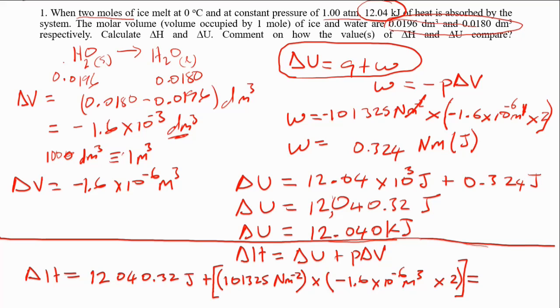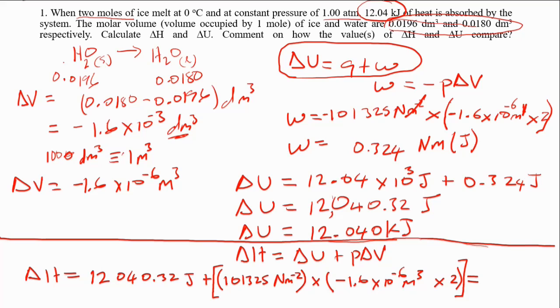Let me plug these values into my calculator. Let's see, 101,325 times minus 1.6 to the minus 6, times 2, plus, okay, and this is the value that I got.